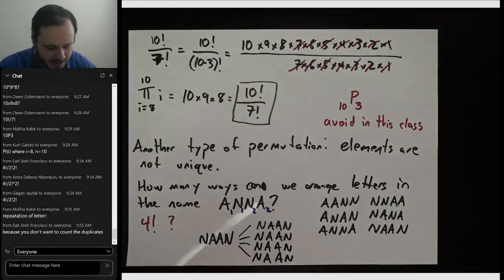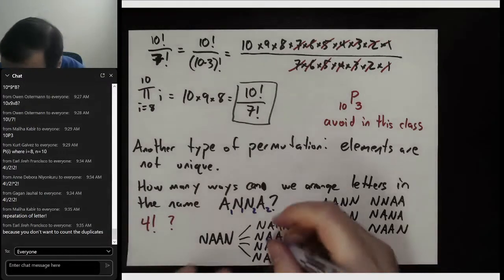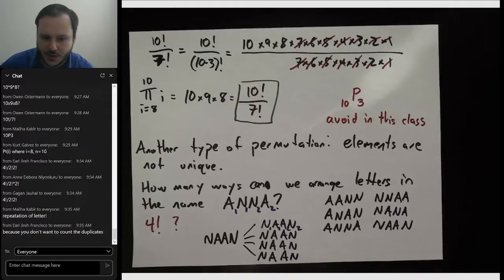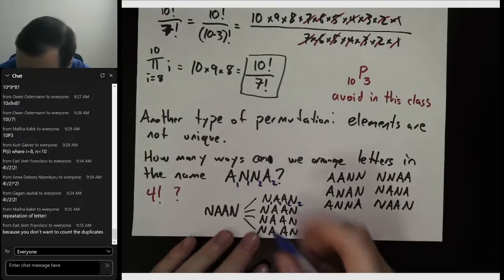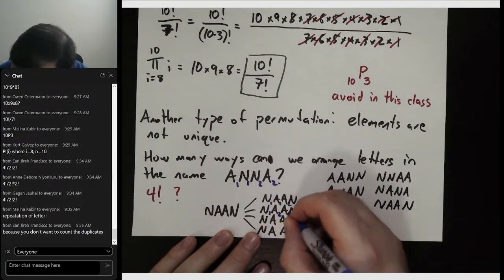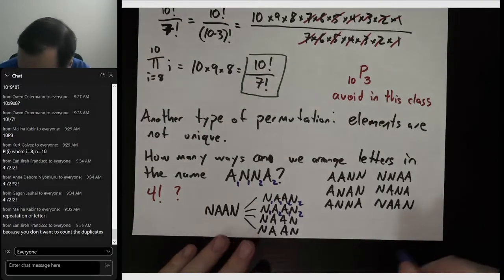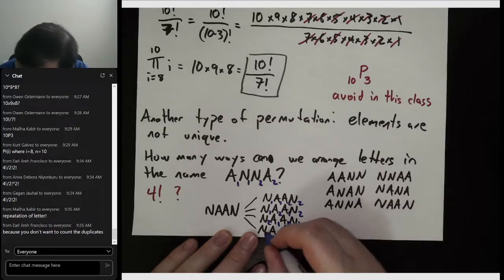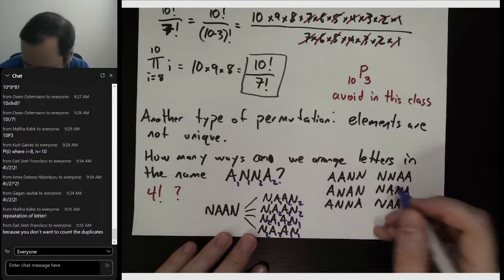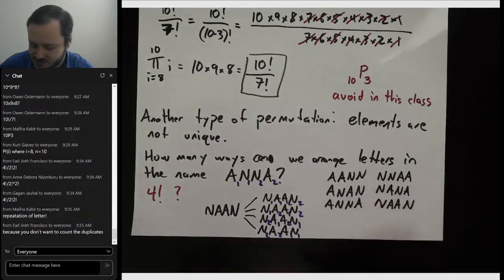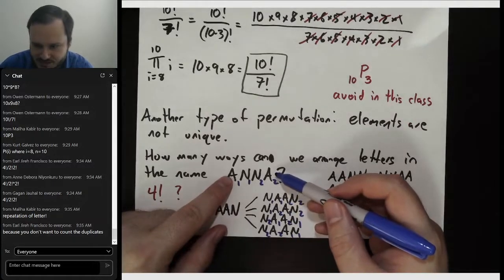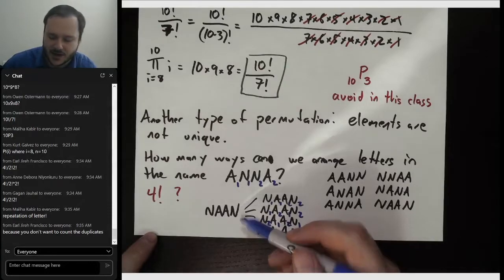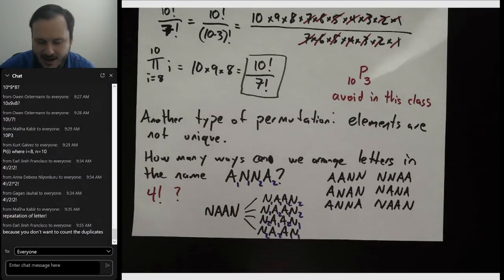I could have NAAN with 1, 1, 2, 2. But I could also have it with 1, 2, 1, 2. Or with 2, 1, 2, 1. Or with 2, 2, 1, 1. All of these are different ways to rearrange these letters if I named them, but they all give me the same final arrangement, NAAN.